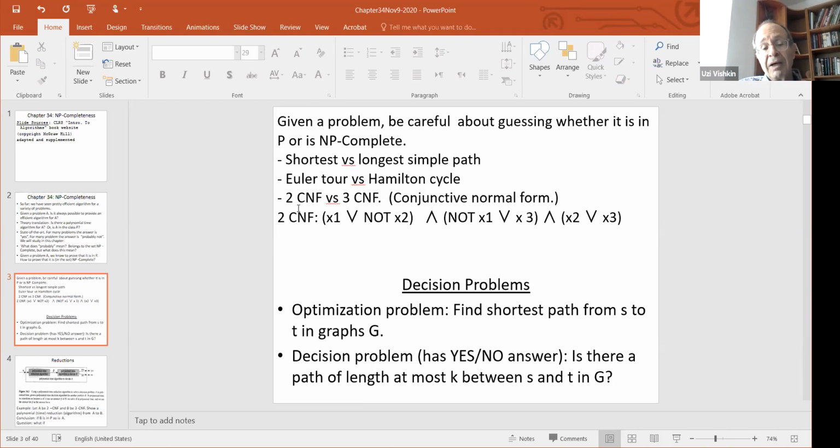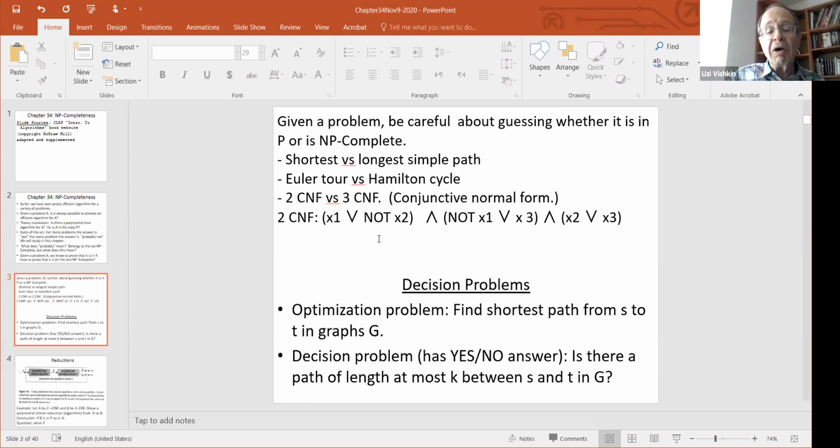Similarly here, you can look at this problem of satisfying a CNF formula or a logic formula in two ways. One is tell me how you satisfy it, but the other is can you satisfy it? And if you ask can you satisfy it, obviously the answer is going to be a yes, no answer. So it will be convenient for us to move from optimization problem, which characterized most of our problem definitions up to now, to decision problem.